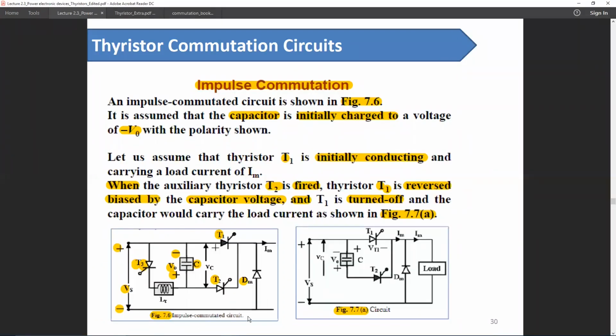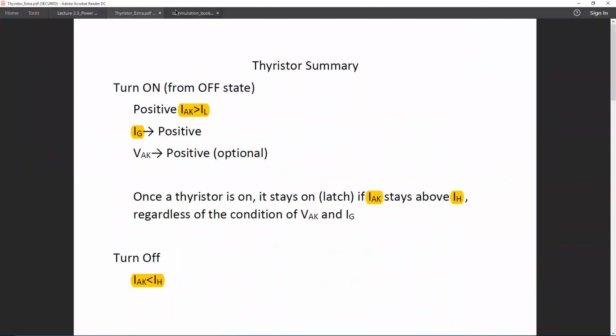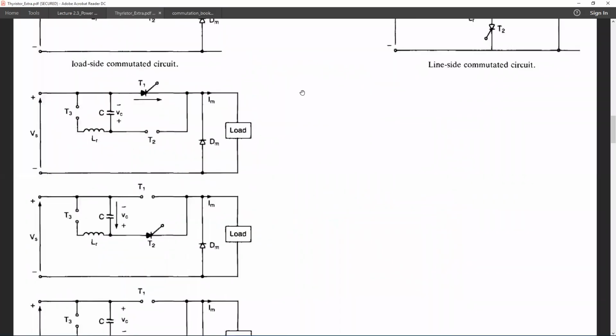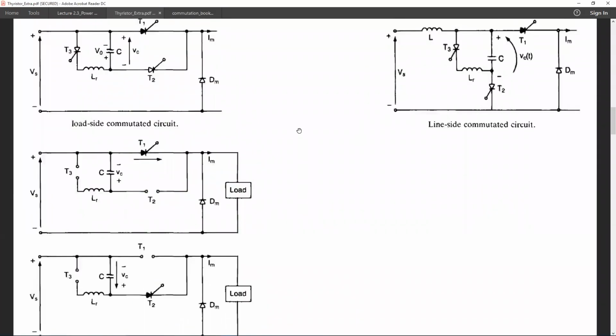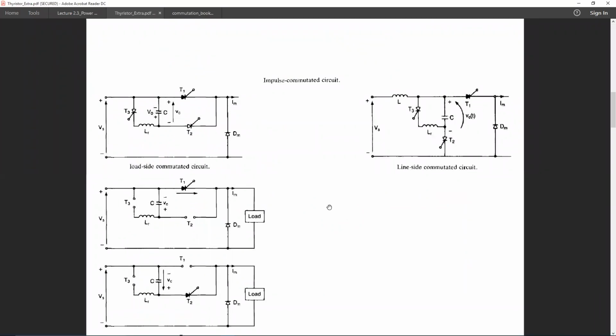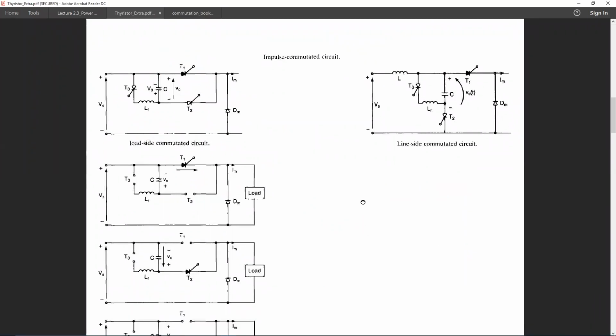This is the diagram of an impulse commutation system. If we open up this diagram, this is not in the book. I have edited this diagram so that you can understand better.